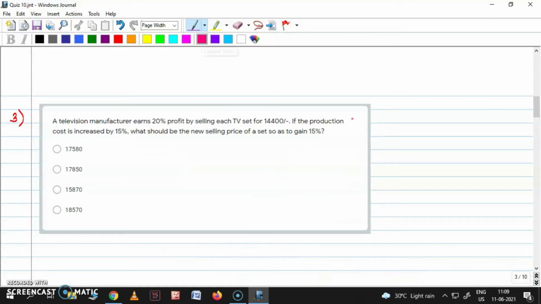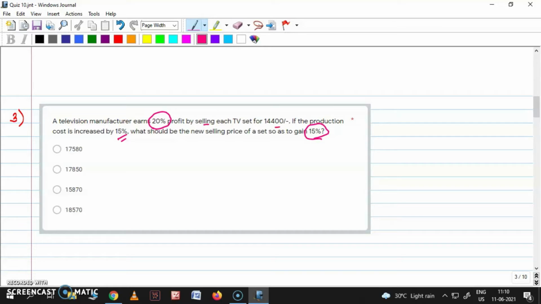A television manufacturer earns 20% profit by selling each TV set for 1,44,000. If the production cost is increased by 15%, what would be the new selling price of a set so as to gain 15% profit? First we need to find the cost price, since we have the selling price and the profit.